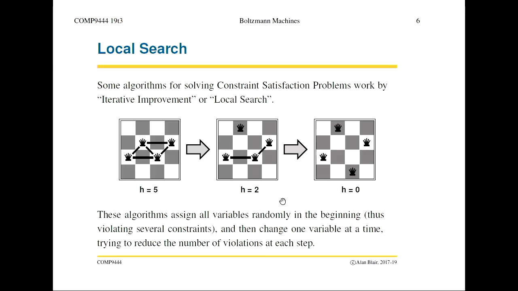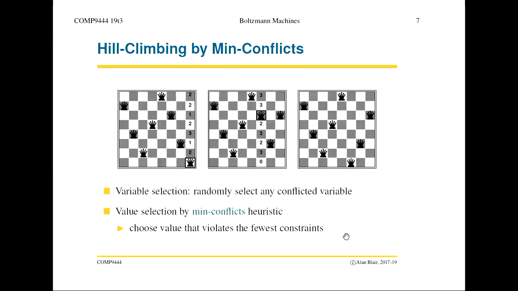This is obviously a very simple example, but in fact, this can be applied to much larger versions of the same problem. So here's a slightly bigger version, a normal 8 by 8 chessboard.